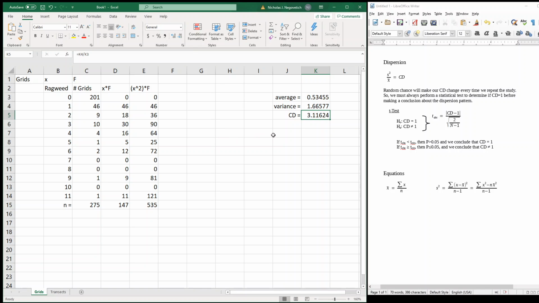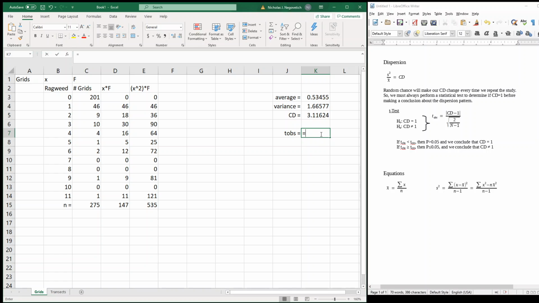Okay, so our t-observed value is going to be a long equation. But we have everything that we need in our worksheet. So this is our equation. This is the absolute value symbol.